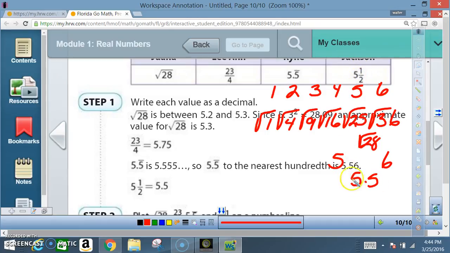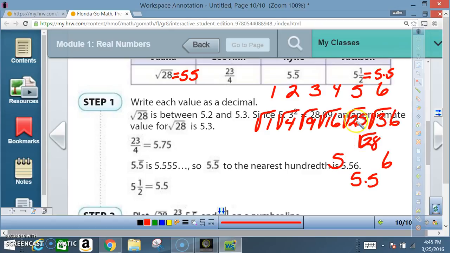So this tells me I have to be a little bit more accurate with this particular number, with the square root of 28. Because right now I got it equaling 5.5. Well, that's the same as this, 5.5. So here I got to be a little bit more accurate. So how do I do that? I take a look at the square root of 28 and ask myself, is the square root of 28 closer to 25 or 36?